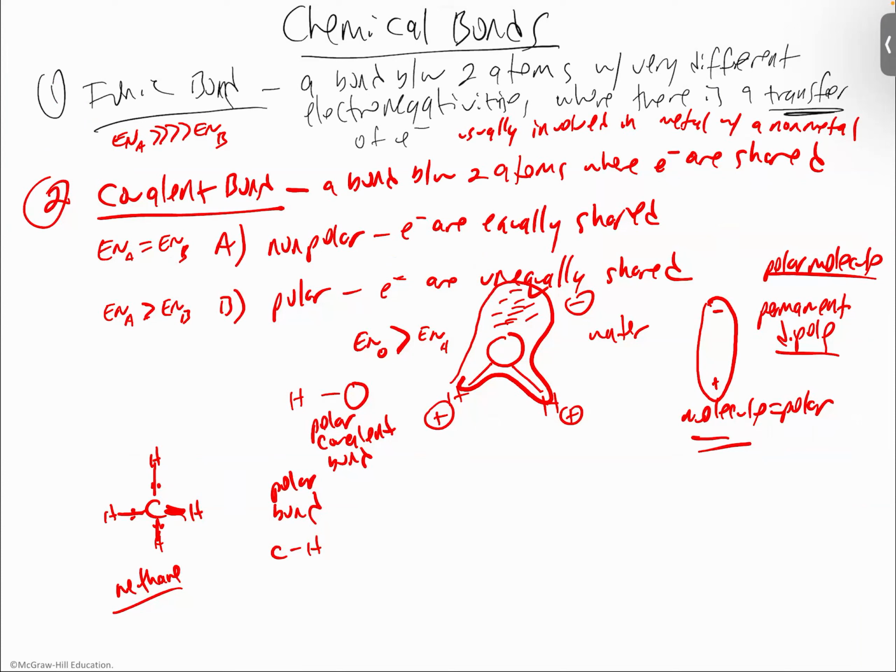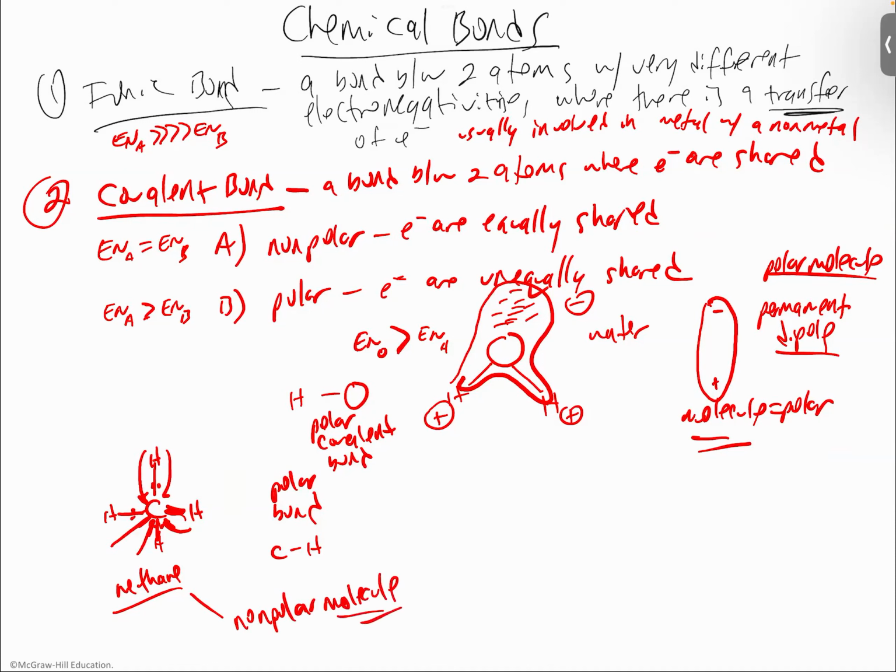All the electron density is going toward carbon, in nice symmetrical order from all directions. Can you identify a positive end and a negative end here? So this is an example of a nonpolar molecule.